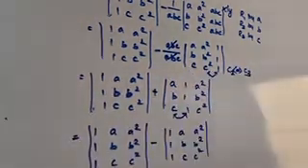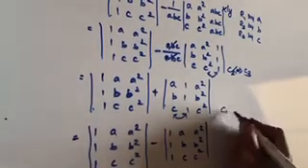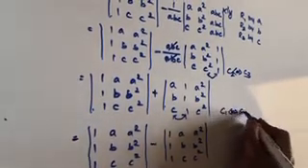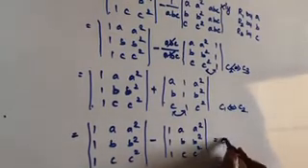Now, we are interchanging C1 and C2, the columns. Now, both the matrices are the same. So, while subtracting, you get 0. So, the value of the determinant is 0.